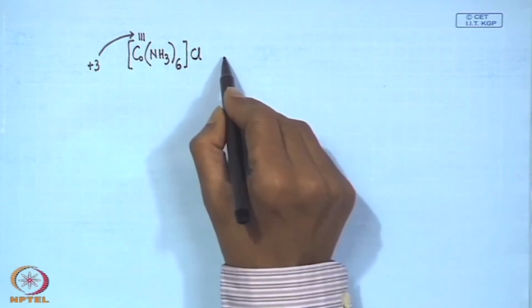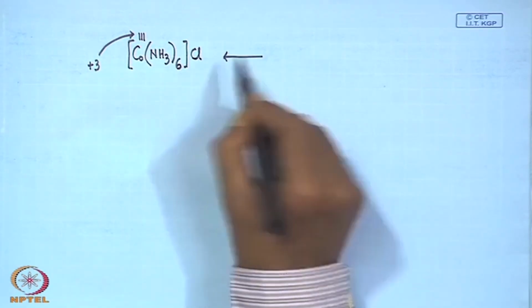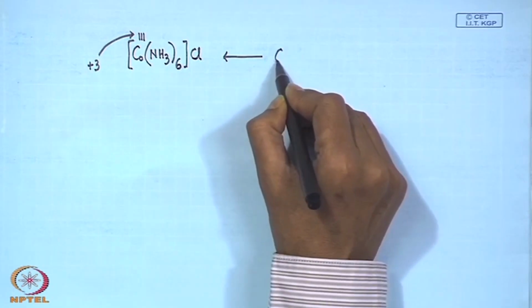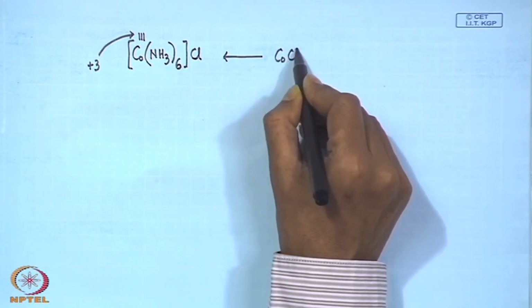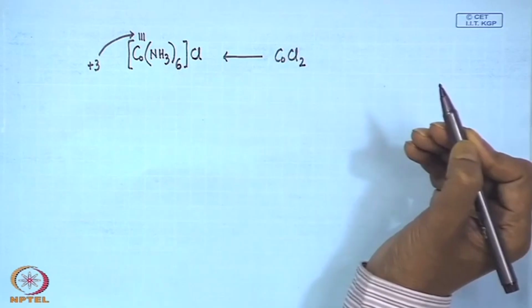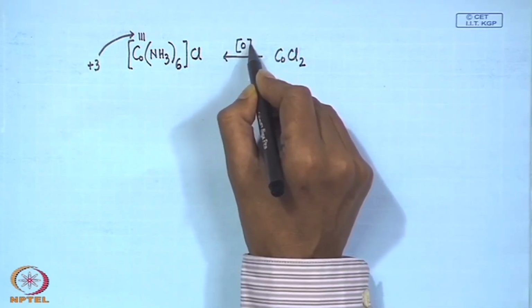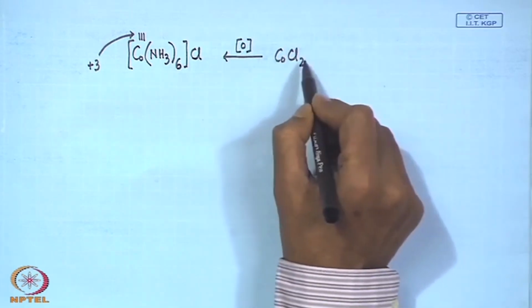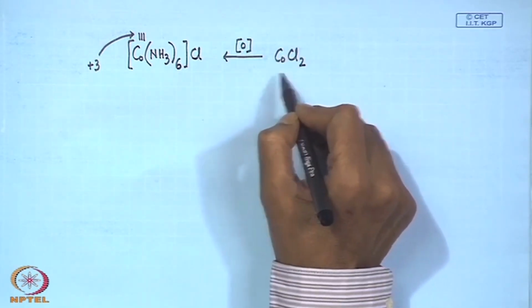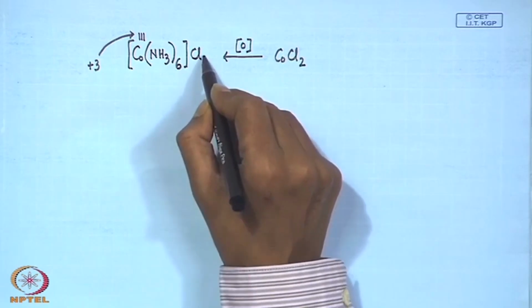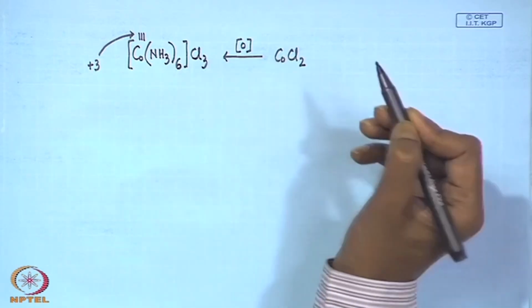Because we started this reaction to make this particular compound from cobaltous chloride, through oxidation and additional chloride supply it gives the corresponding compound as Cl3.